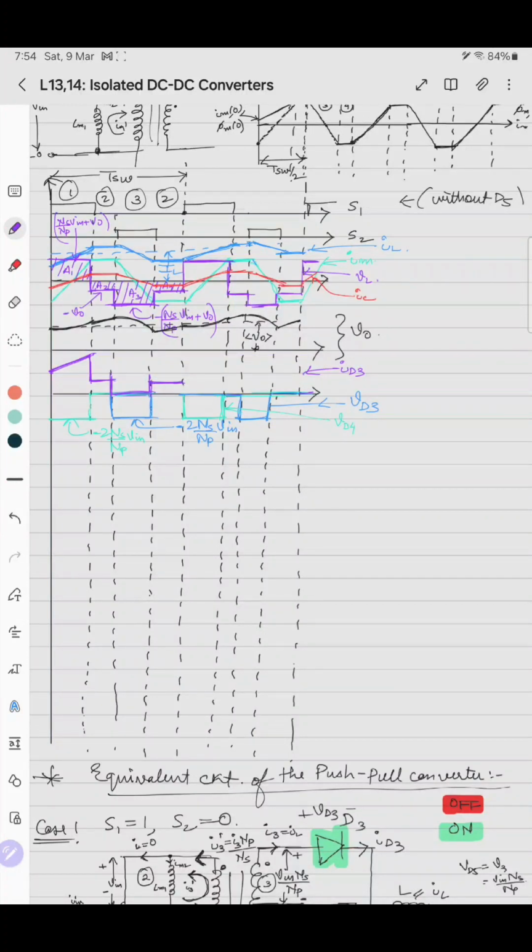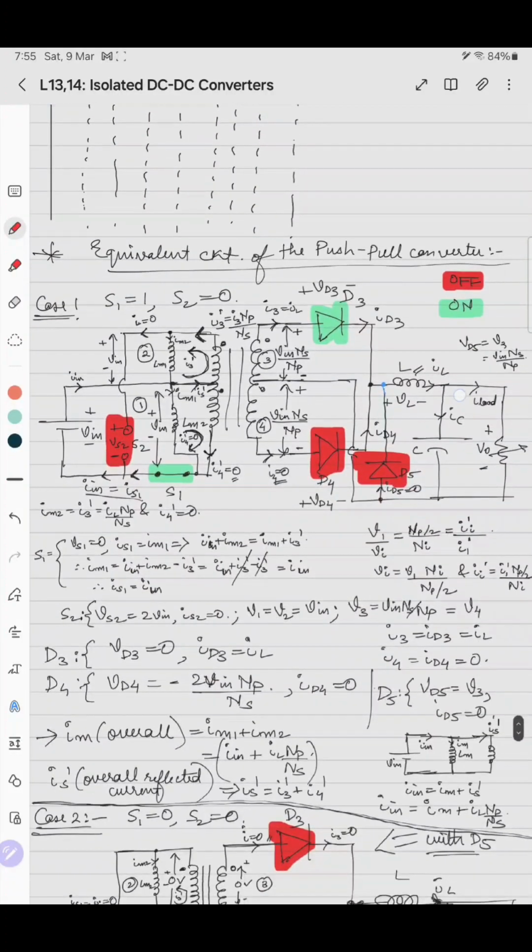Then case 1 it is again IL by 2, 0, and again IL by 2. So it is like this. This is ID3.